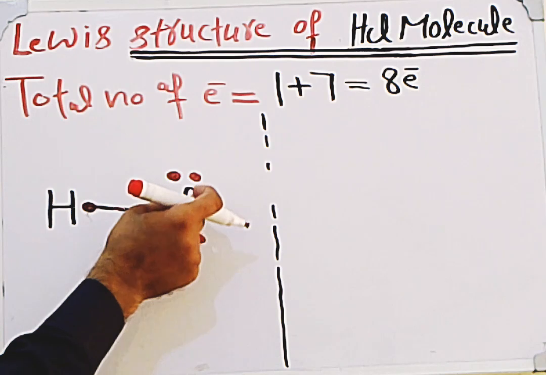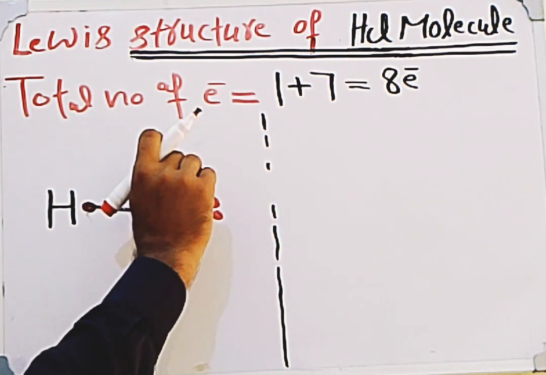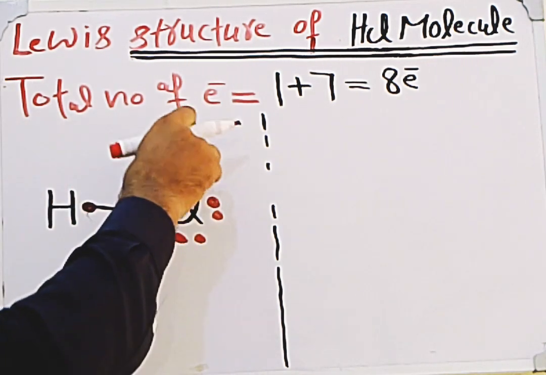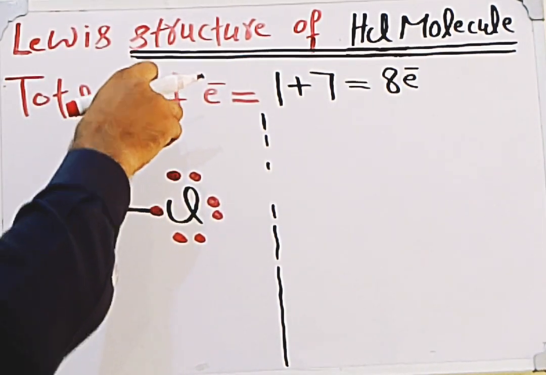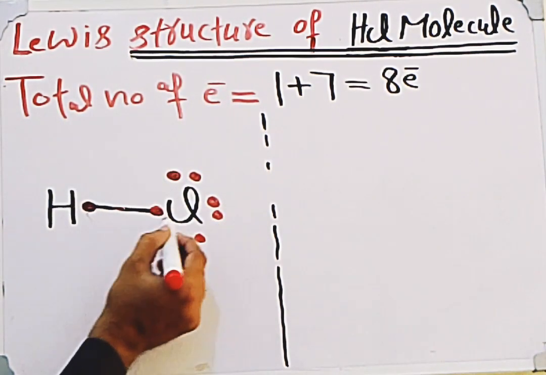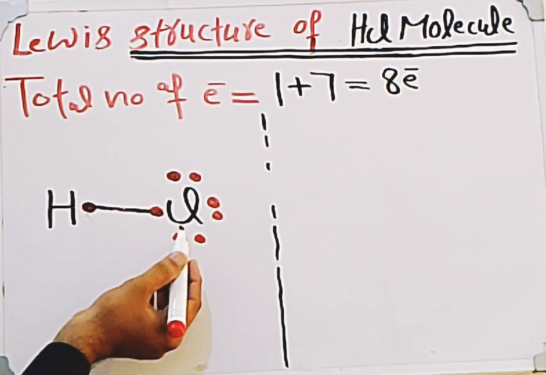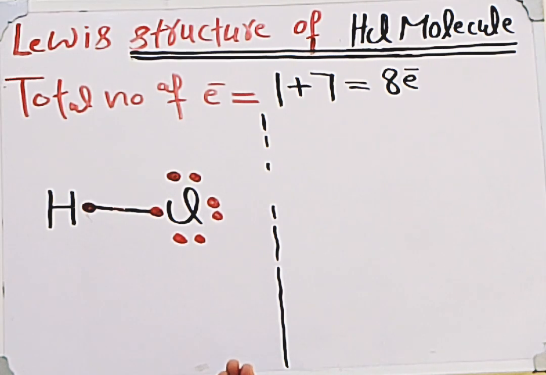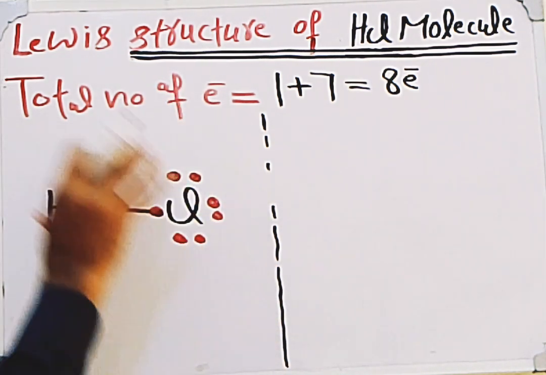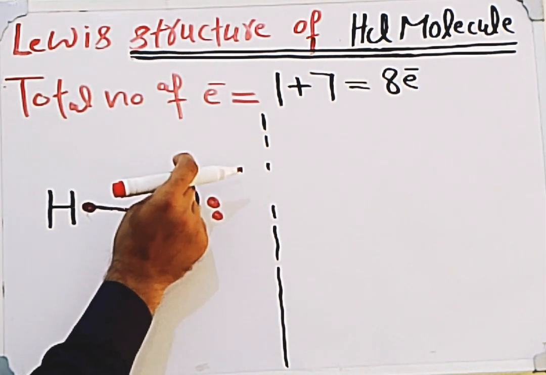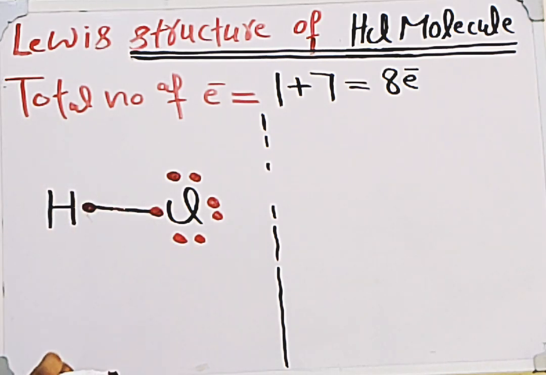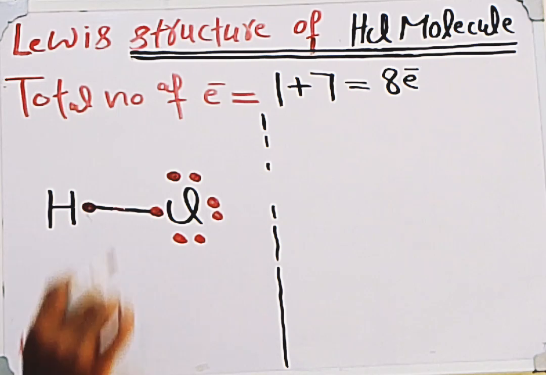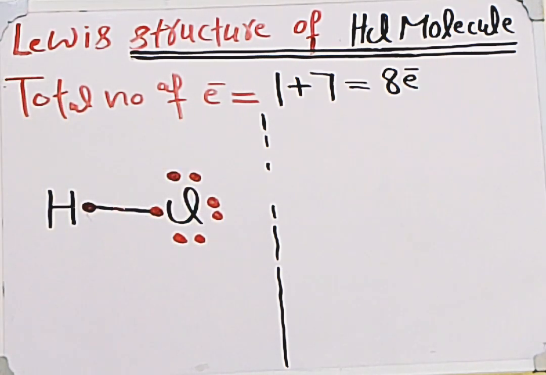Students, in this way, 3 pairs of electrons are present on the chlorine atom. These pairs of electrons behave as lone pairs because a lone pair is a pair of electrons which is not involved in bonding, which is not used for bonding purposes. So the chlorine atom contains 6 electrons, or 3 pairs of electrons, as non-bonding electrons or lone pairs.